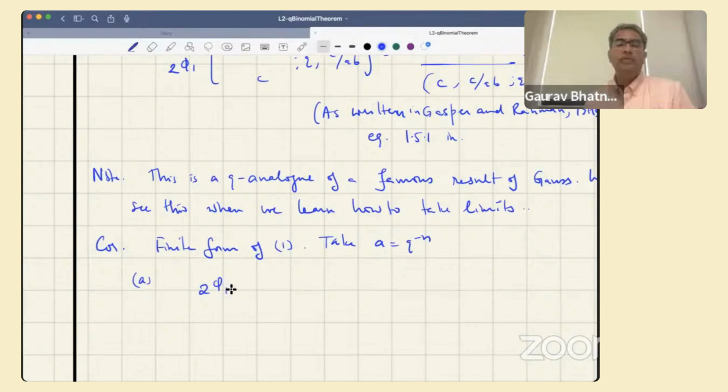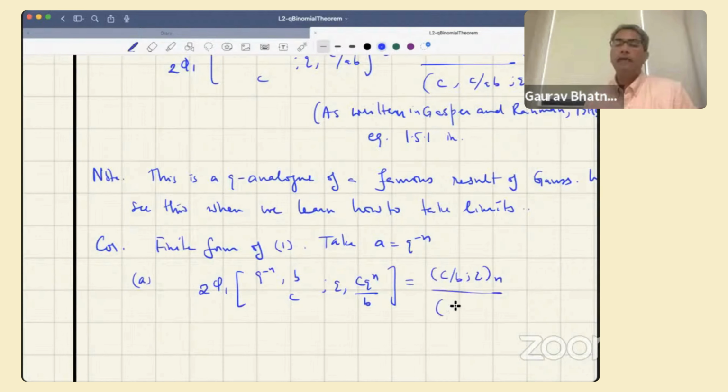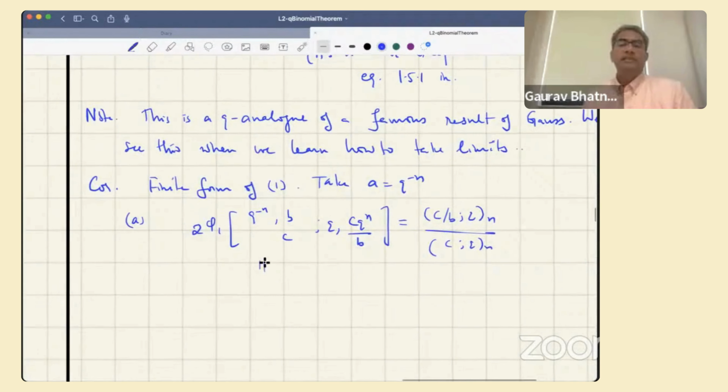So you'll get 2 phi 1, q raised to minus n, b, c, q, and then cq^n over b. This is equal to (c over b; q)_n over (c; q)_n. So this is now a finite sum. So it's k going from 0 to n.